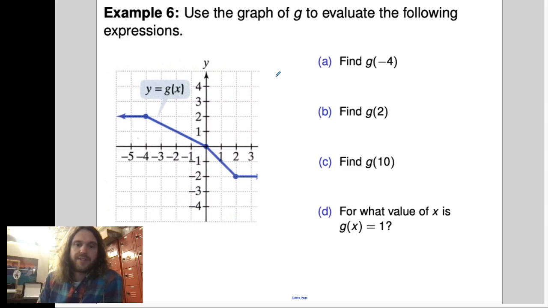Remember, this asks a question, g of -4. You can refer back to the question that I wrote in quotes earlier. G of -4 asks the question, what is the value of my function g when the x value is -4? So all you have to do is trace over to -4 and then look at how high up it is. Where is it at? Oh, it's over here at 2.